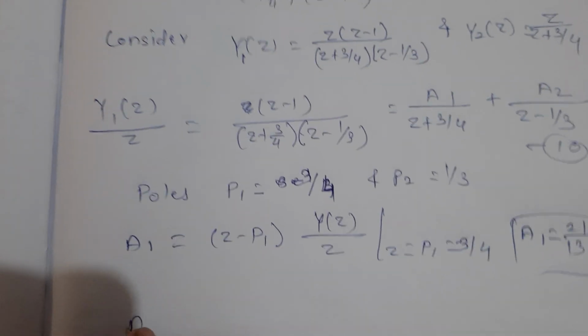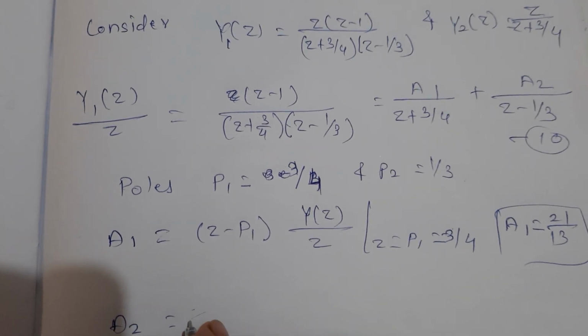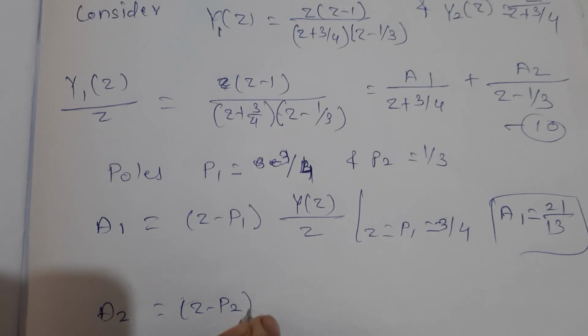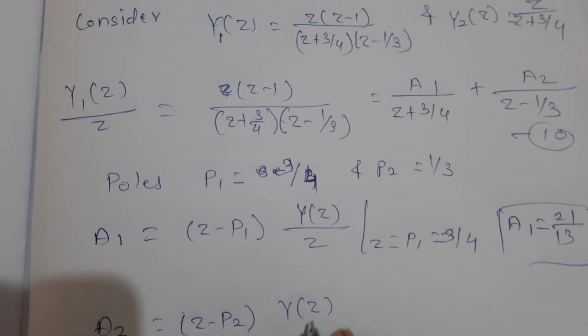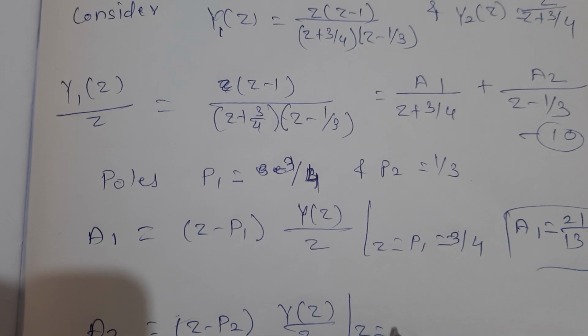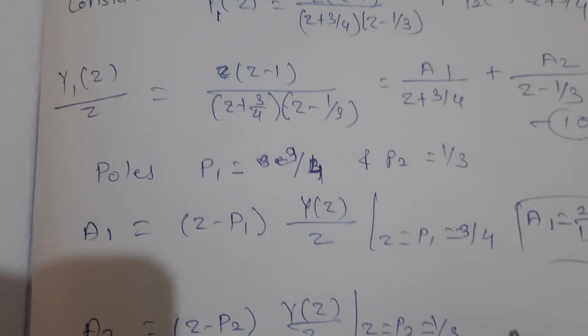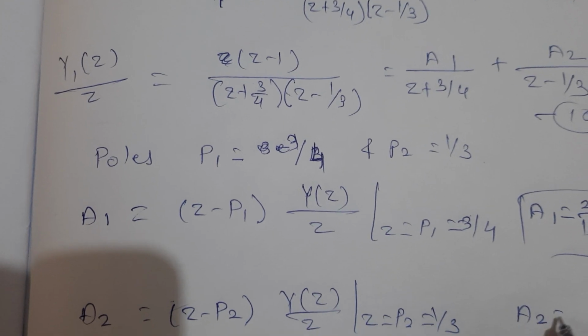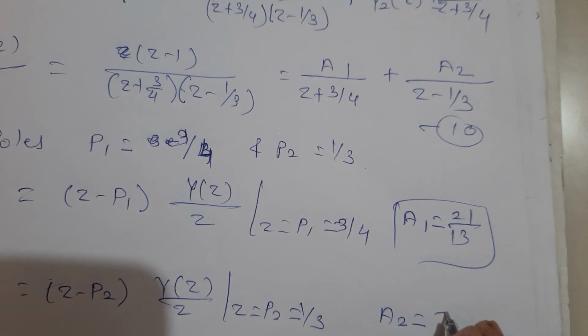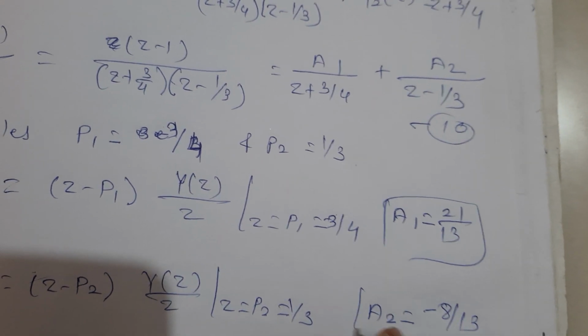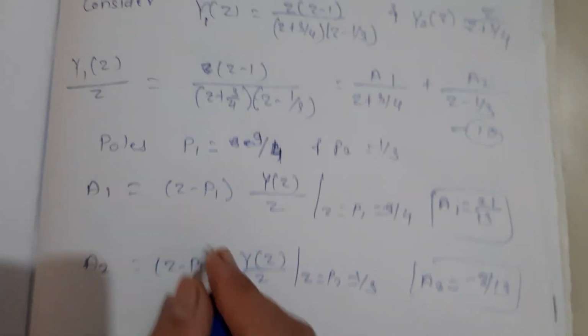Next part is a2. It is z minus p2 into y of z by z, where z is equal to p2, that is 1 by 3. So by substituting this value we get a2 is equal to minus 8 by 13. Now put these values in equation 10.